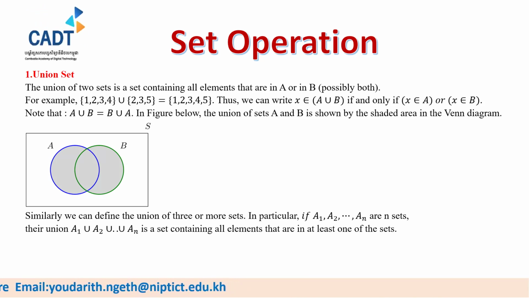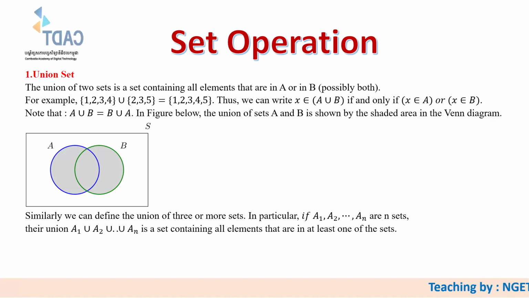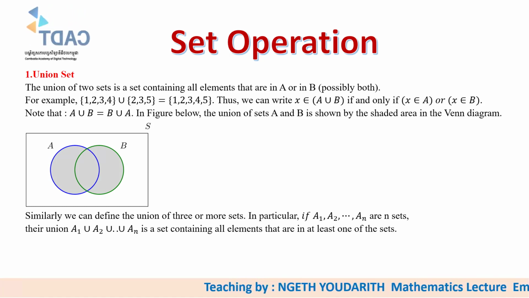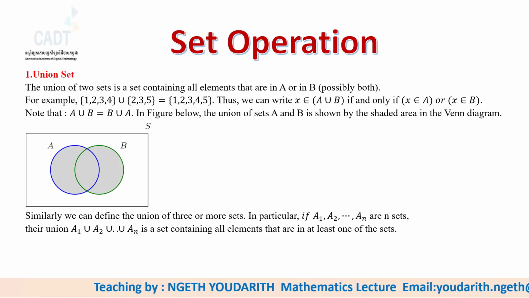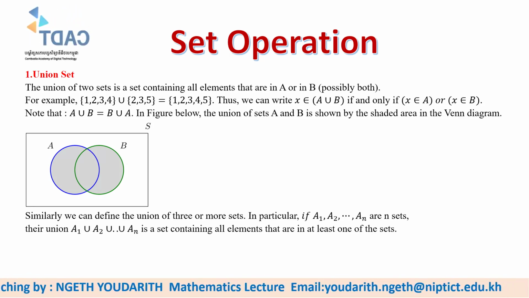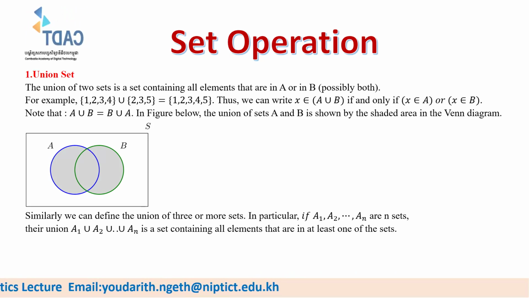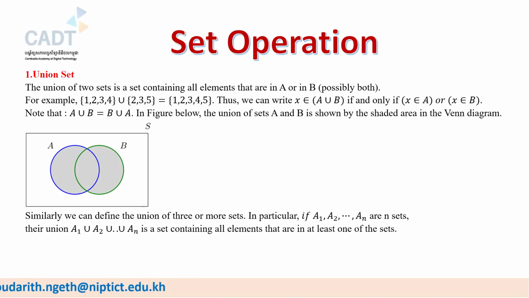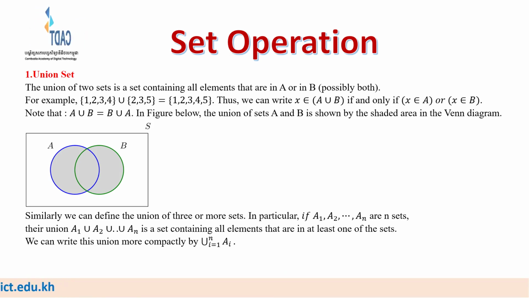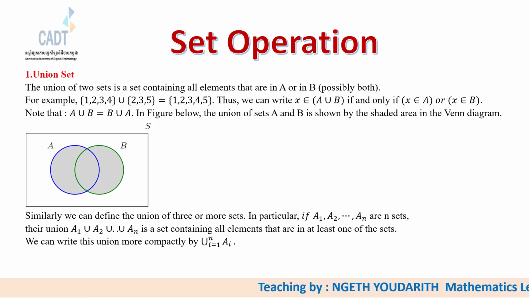For example, we can define the union of 3 or more sets. In particular, if A1, A2, up to An are n sets, the union A1 union A2 union up to union An is a set containing all elements that are in at least one of these sets. We can write this union more compactly as the family union.